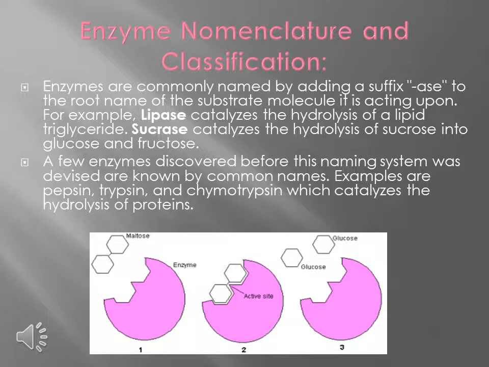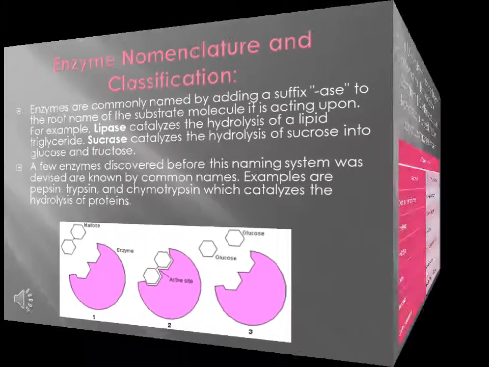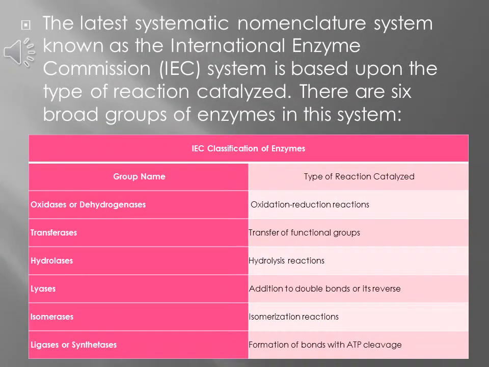Examples are pepsin, trypsin, and chymotrypsin, which catalyze the hydrolysis of proteins. The latest systematic nomenclature system, known as the International Enzyme Commission System, is based upon the type of reaction catalyzed. There are 6 broad groups of enzymes in this system, which are named in the graph below.